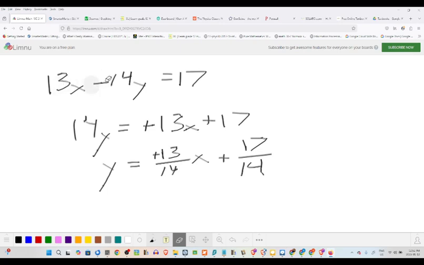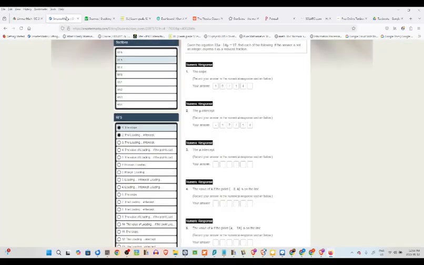I shouldn't have changed the sign on x, but I should have changed the sign on the constant when it moves to the other side. So this y-intercept should be negative. That's where it got messed up. Okay, so we do the sanity check, we figure that out. Our x-intercept, if we let y equal 0, our x is 17 over 13.